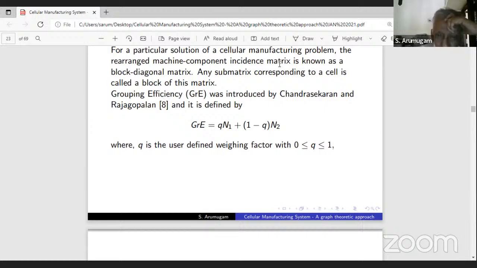So in this decomposition, they define GRE to be q n1 plus (1 minus q) n2, where q is a user-defined weighing factor, which is between 0 and 1.